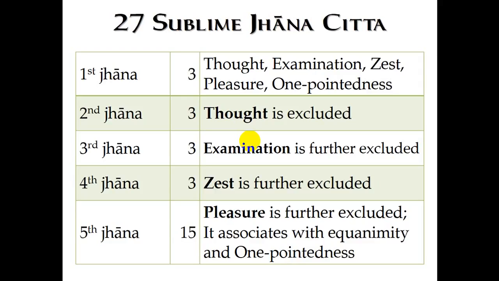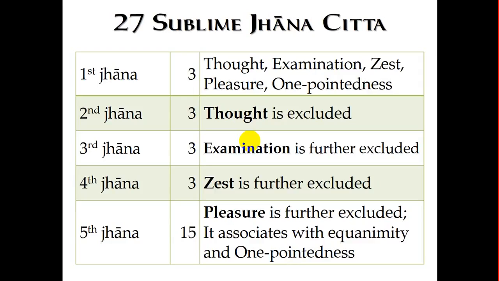And I think you still remember that we have 27 sublime chetas. Actually, this is a combination of 5 material jhanas, right? And we have 12 immaterial jhanas. Both of these are called sublime, Mahaggata in Pali.